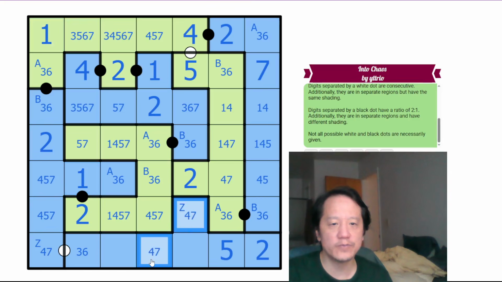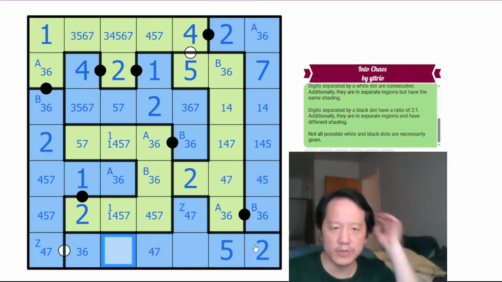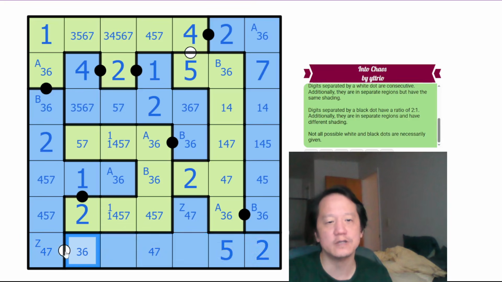This 4, 7 pair eliminates 4 and 7 from here. Where is the 1 in this region here? It's guaranteed to be one of these 2 digits, which eliminates 1 in the rest of the column. So this can't be 1. Where is the 1 then in this region here? It must be here. 4 eliminates 4 here, so Z has to be 7.